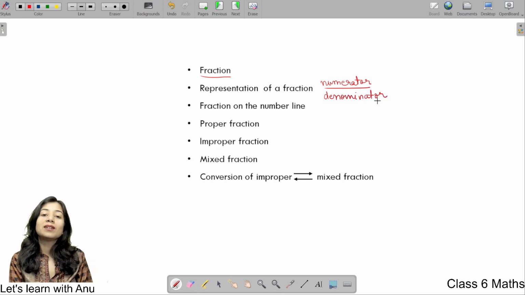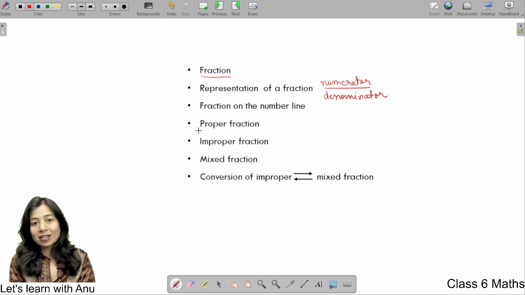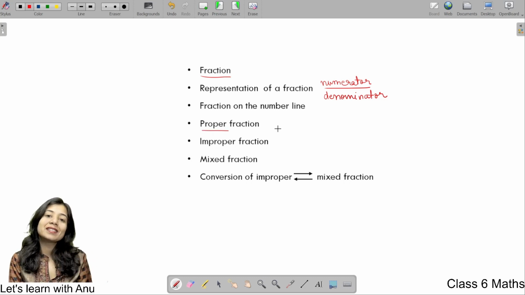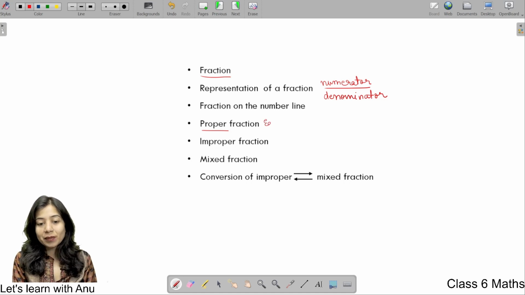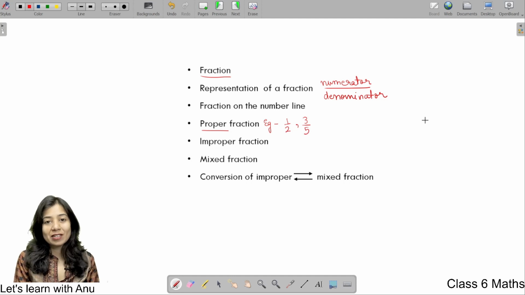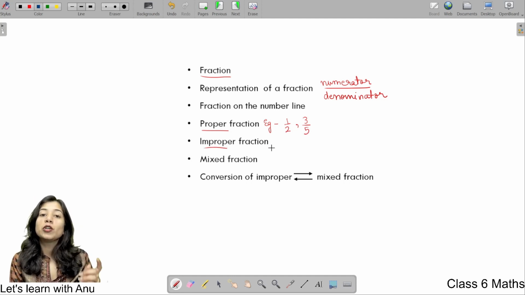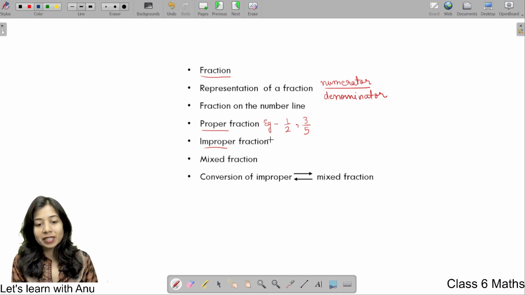After that, we learned about fractions on the number line. Then we learned types of fractions. Firstly, proper fraction, in which the numerator is less than the denominator. Example, 1 by 2, 3 by 5, etc. Then we learned about improper fraction, in which the numerator is greater than the denominator.